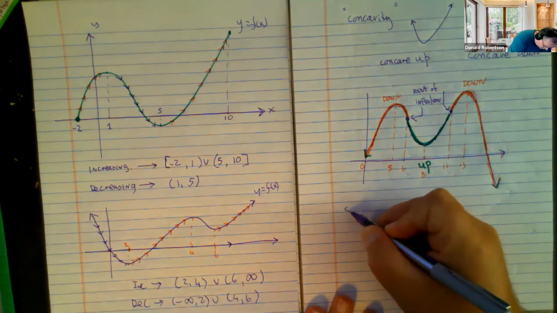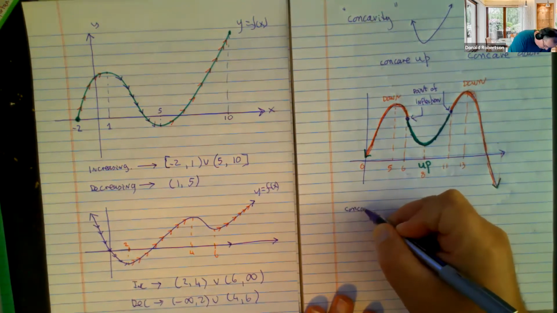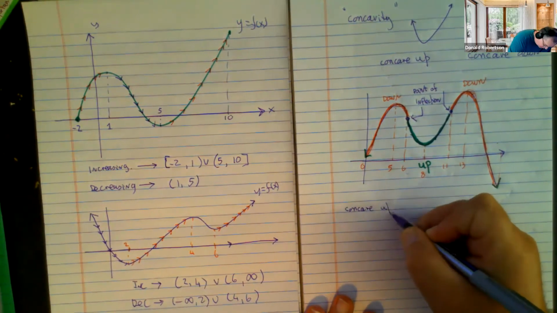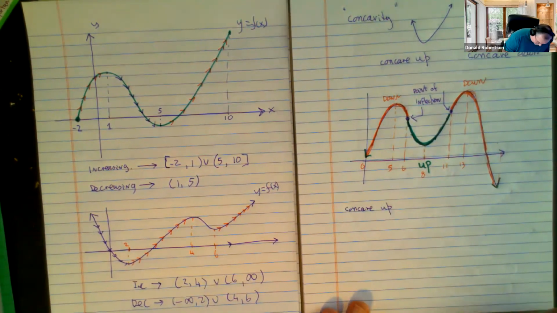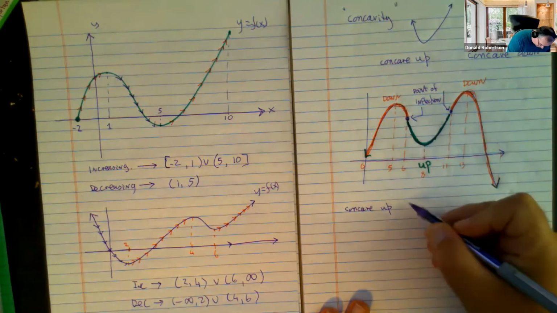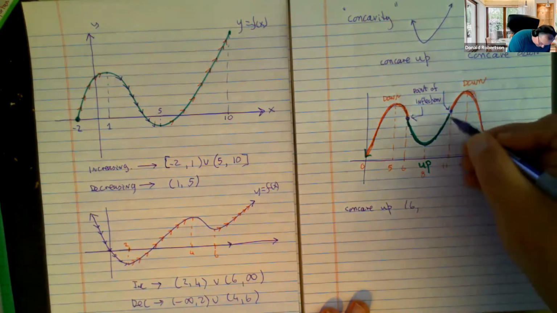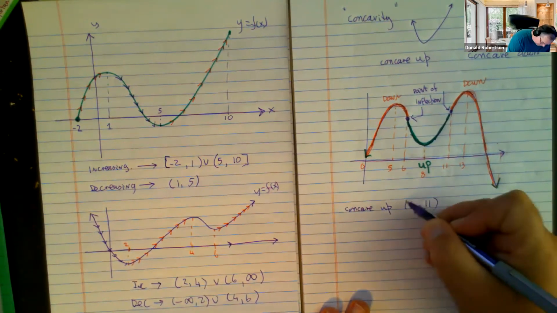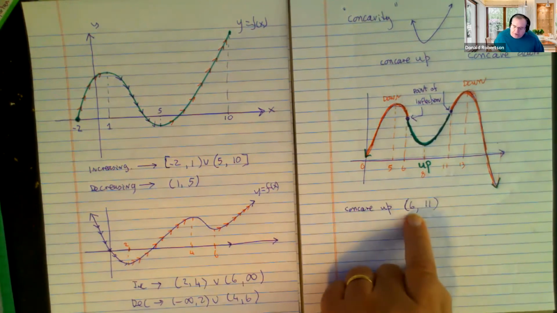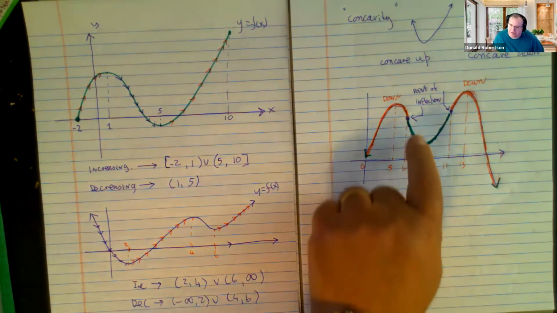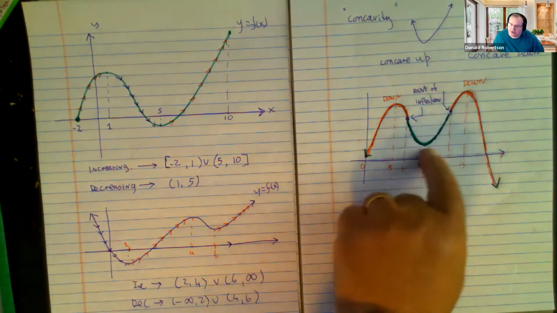If I was being asked for what values of x is the curve concave up, it would start at 6 and it would finish at 11. So all the values of x between 6 and 11 are when this function is concave up.